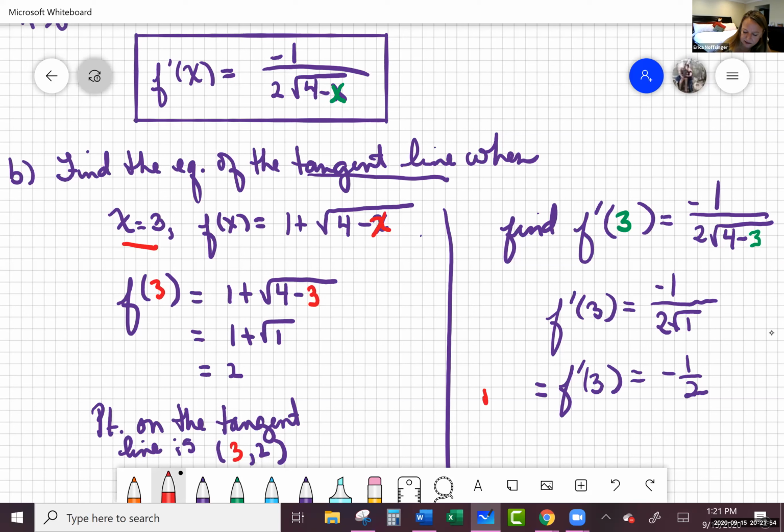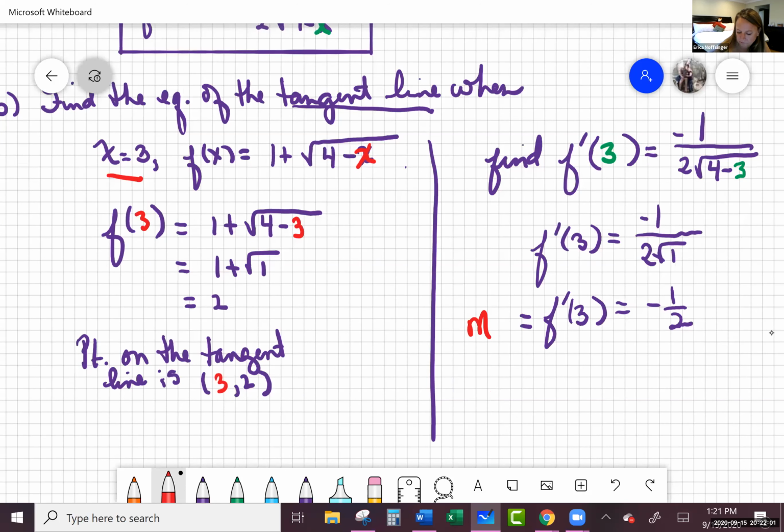And this is the slope of the tangent line at x equals 3.